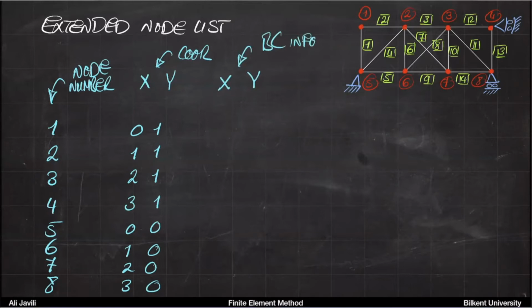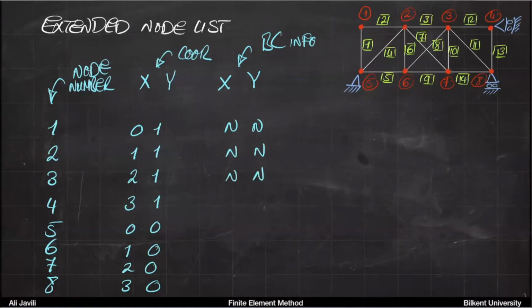So this would be, for instance, node 1. You see it is free in x and y direction, so it is Neumann and Neumann. At node 2, it is Neumann and Neumann. At node 3, it's Neumann and Neumann.